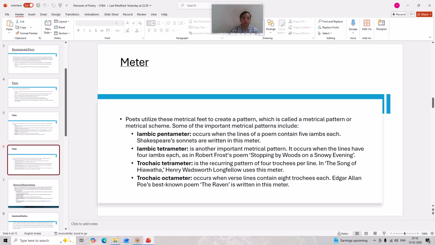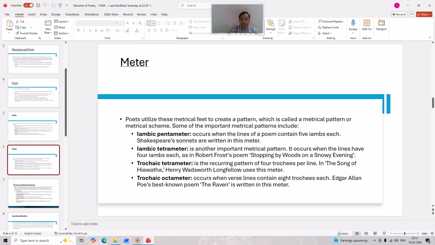For example, if certain combinations are seen, such as iambic pentameter. In most of these sonnets, iambic pentameter is used. When we find that a poem is in iambic pentameter, then we can easily understand that the poem is most probably a sonnet, and most probably a Shakespearean sonnet.